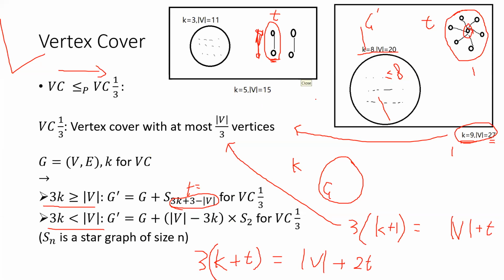Oh, okay, Professor Tsai talked about this in class, so I don't think I need to go into detail. This is how you compute the number of such graphs you need to add to this graph to make it a problem of VC1/3. Yeah, that's the main idea.